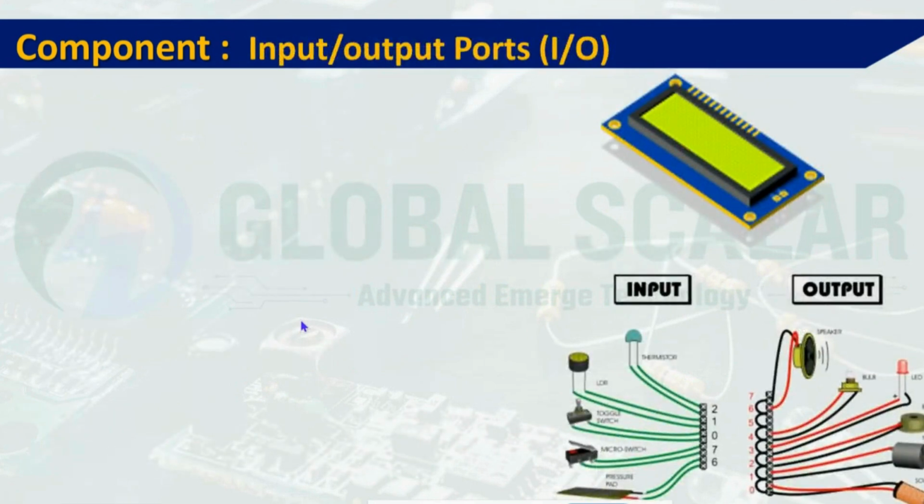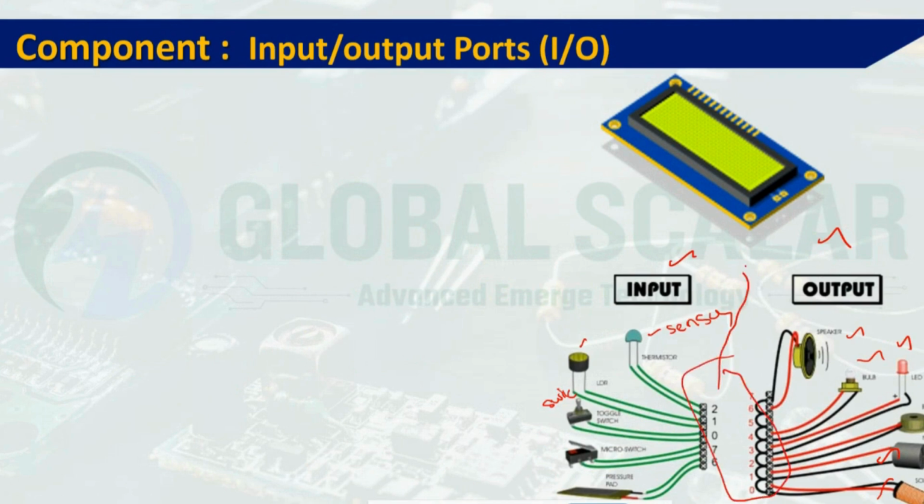The microcontroller is mainly designed to control inputs and outputs. In the diagram we can see some sensors, a switch, a pressure sensor and temperature sensors, and we have outputs like a speaker, LED, bulb, buzzer, or motor. These outputs are connected to the microcontroller.